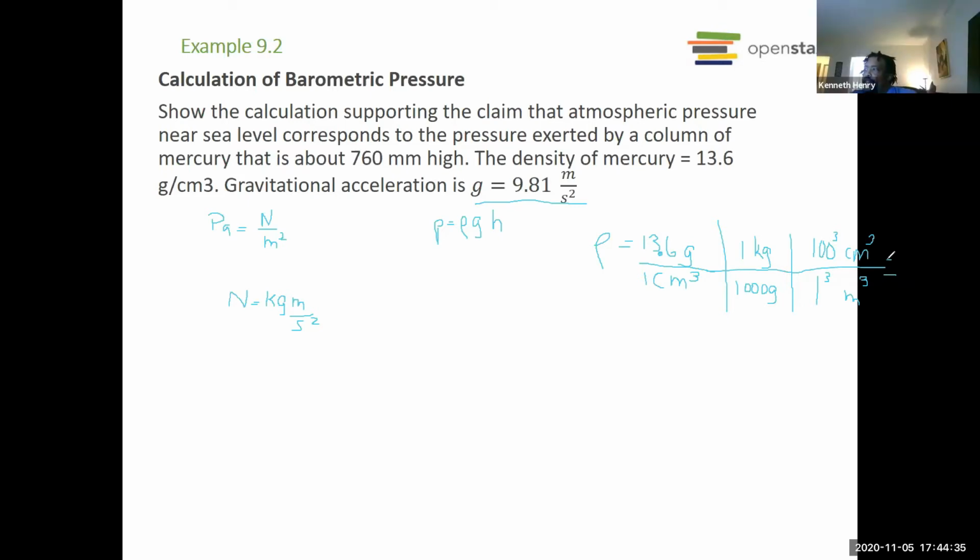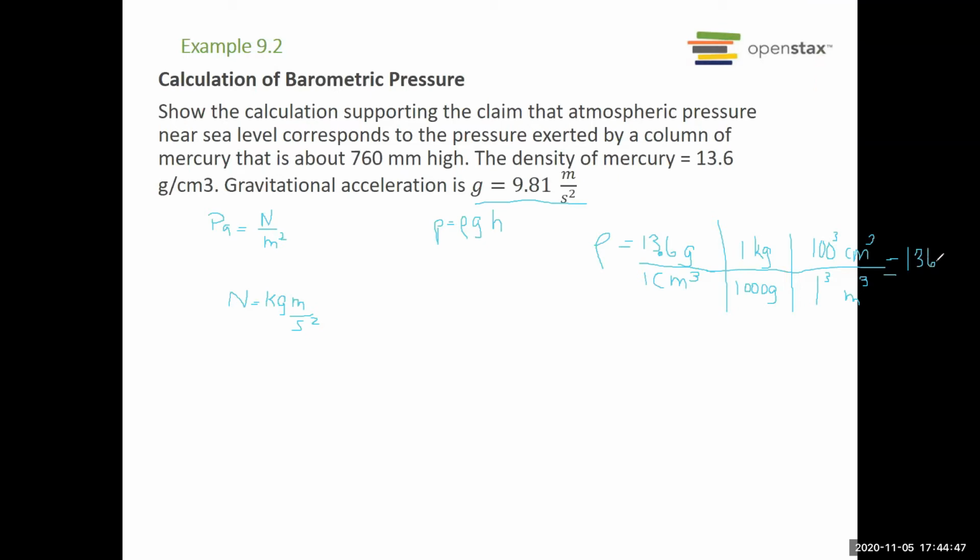So what do we get for our density? 13,600 kilograms per cubic meter.